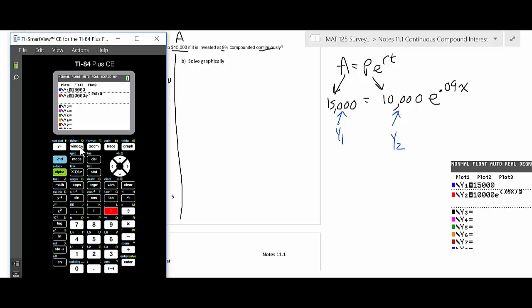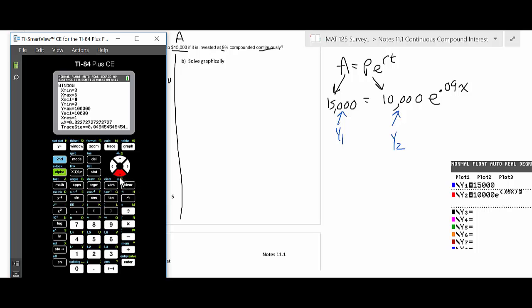Now for our window, you have to think through this a little bit. x is time. Our answer was 4.5, right? That's what we got algebraically. Well, let's just do 0 to 6. I know the answer is 4.5, so that's why I'm going a little bigger than 4. Scale by 1.